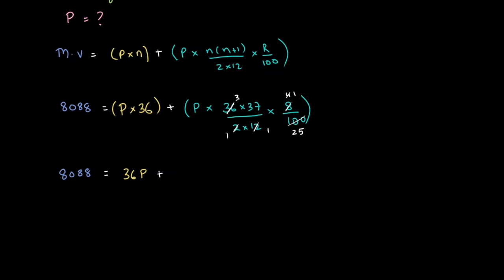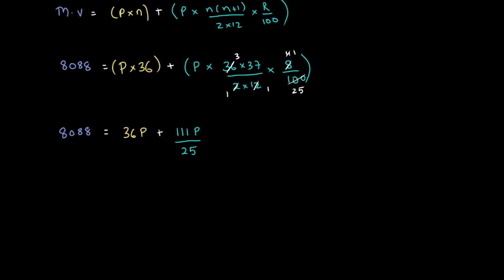Now in the numerator I'm left with 3 into 37, so 3 7s are 21, and 2 carry 3 is 3, so that's 111. It's 111P divided by, in the denominator I'm left with a 25. Okay, so this is what we are left with now.